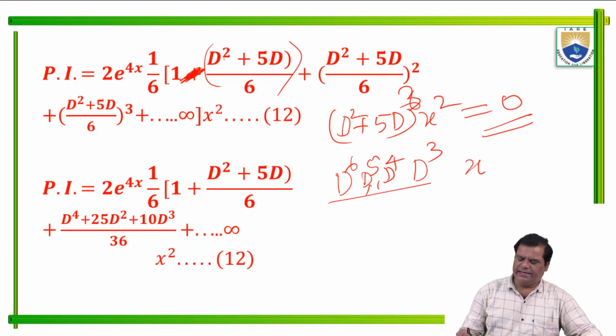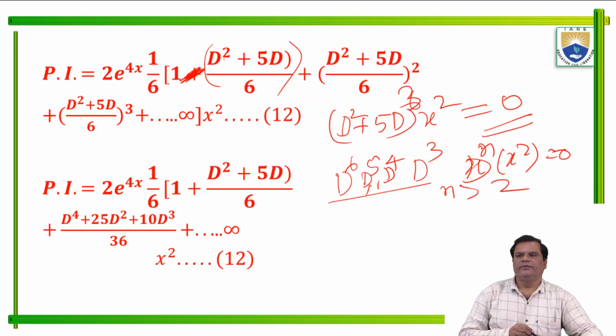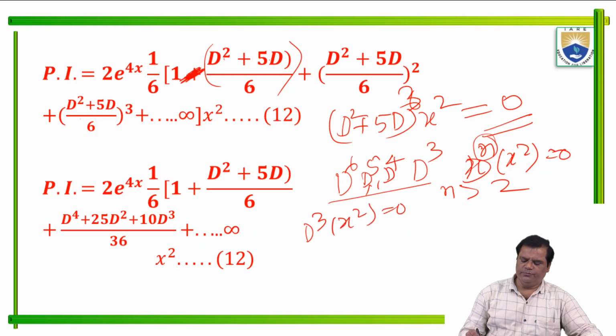But we have seen that Dⁿ of x² equals 0 if n is greater than 2. So the derivative D³ of x² is 0, D⁴ of x² is 0, D⁵ of x² is 0.